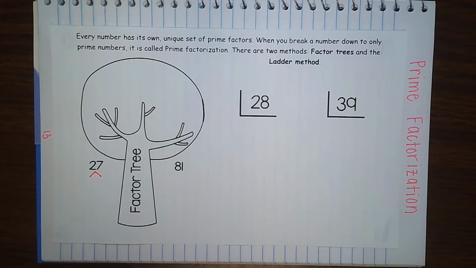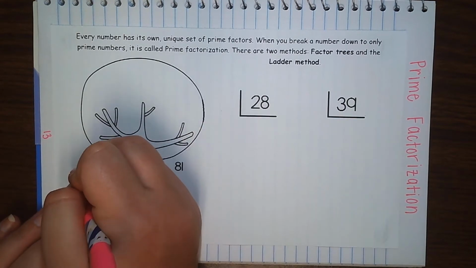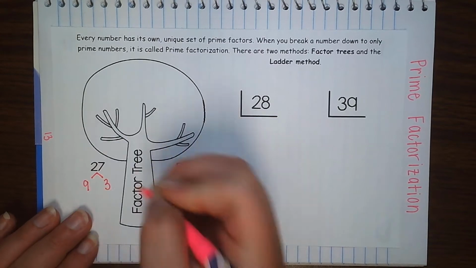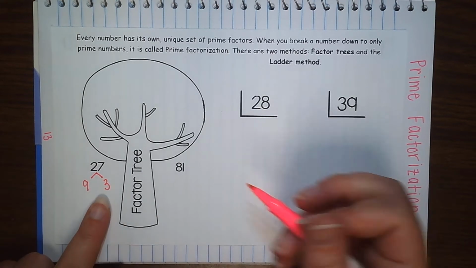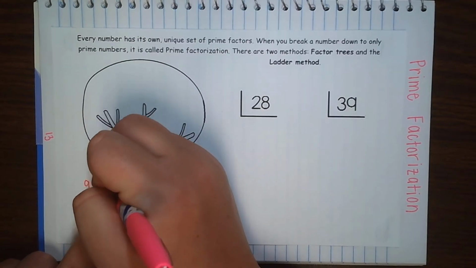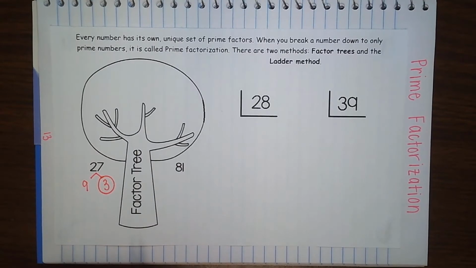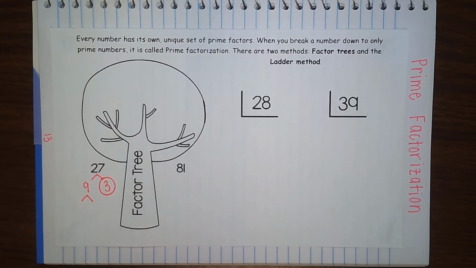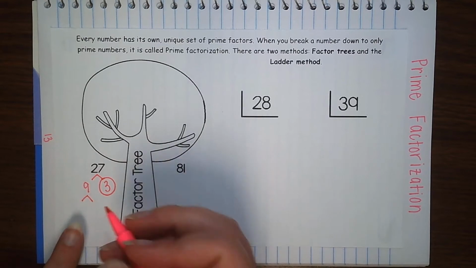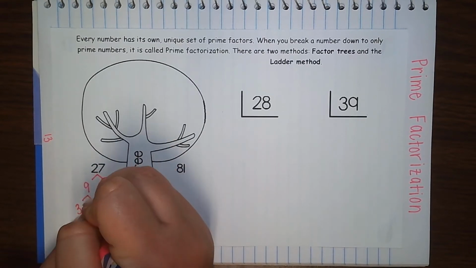So think about 27. Two numbers that I could multiply together to get 27 would be 9 and 3. Now, since this is prime factorization, I want to break it down to only prime numbers. 3 is a prime number, so I'm going to go ahead and circle that. 9 is not a prime number, so I'm going to continue to break that down. 9 can be broken down to 3 times 3.